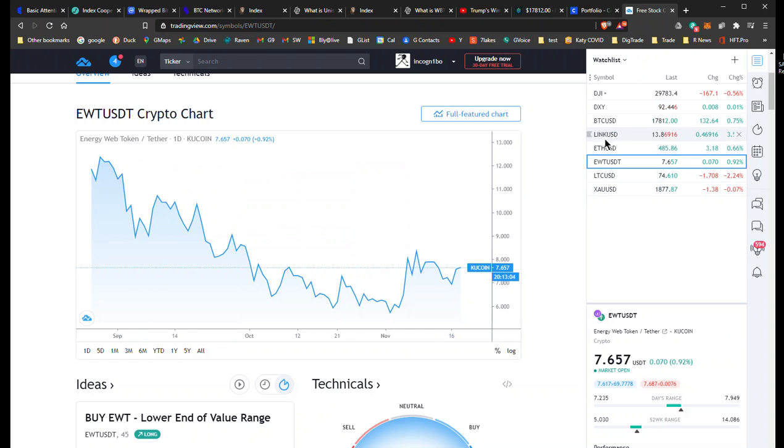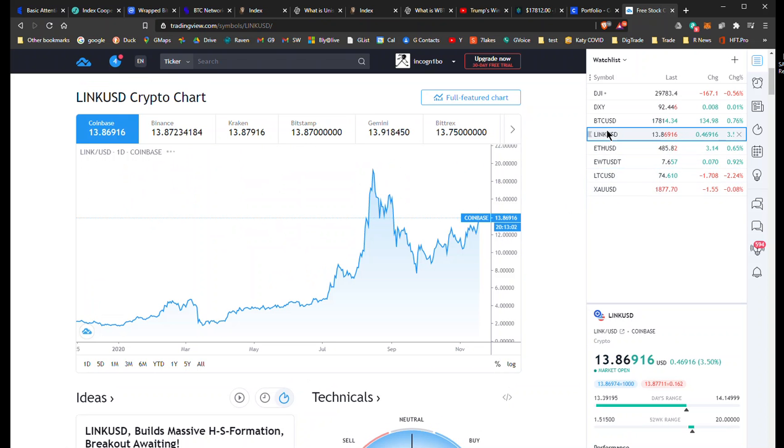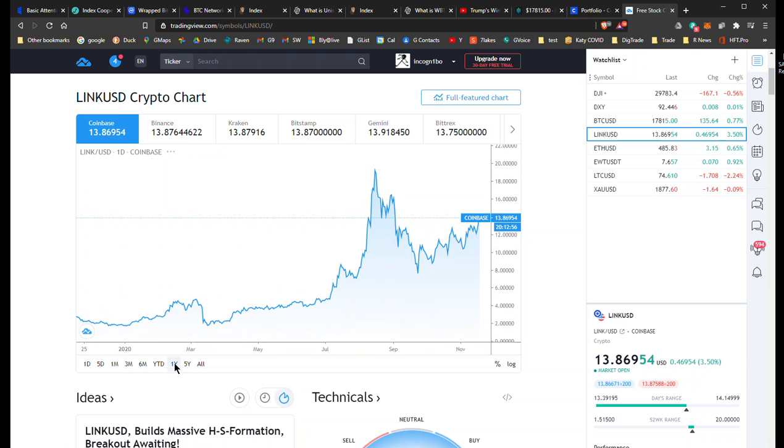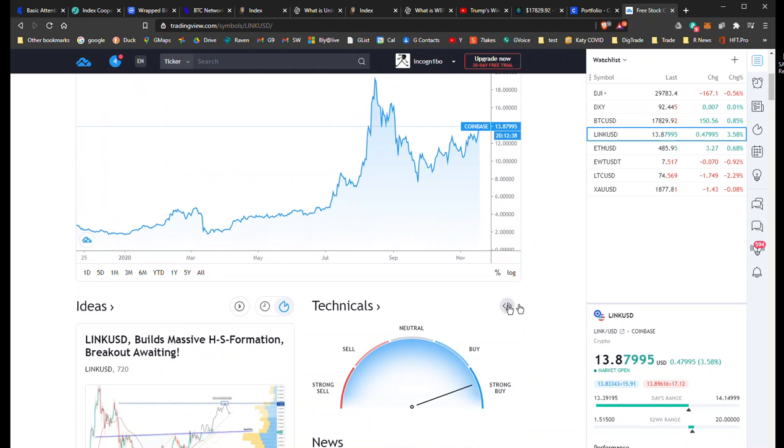And then Chainlink is another one, and that's all I can show you here. It doesn't have a lot of time on it. It's fairly new, but Chainlink's momentum is nothing but up. And this is its old peak. It didn't even get to see that 2017 peak because it didn't exist.